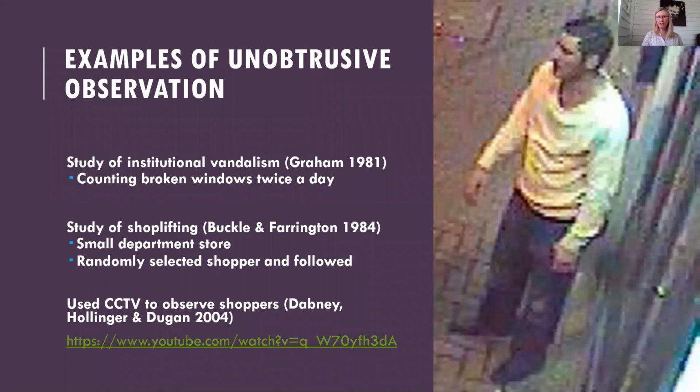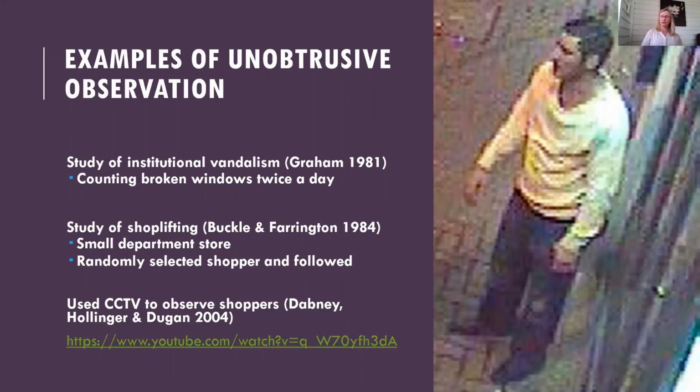Now, let me give you an example of a couple of studies that have used observation or field research. So we're observing what's happening in the real world. There was a study conducted in the 80s of institutional vandalism.